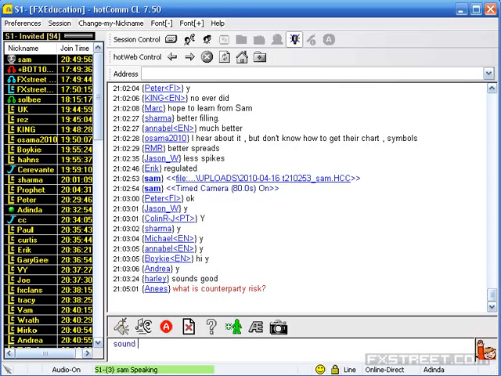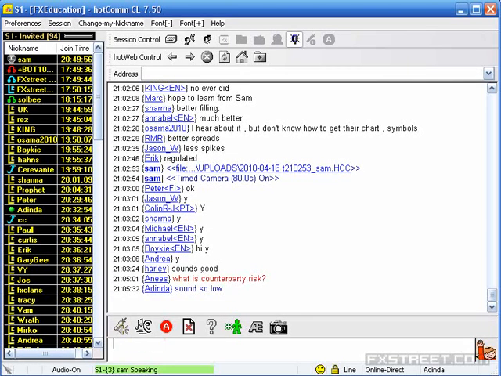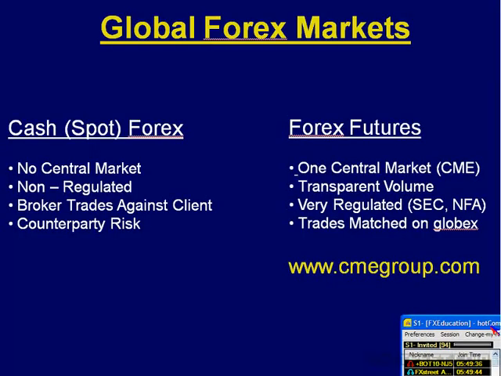Now understand this. Whether we're talking spot Forex or Forex futures, it's the same market. The euro dollar is the euro dollar. The euro yen is the euro yen. Whether it's spot Forex or Forex futures, it's the same market. It's not like one is going to move one way and the other one's going to move the other way, right? Okay.